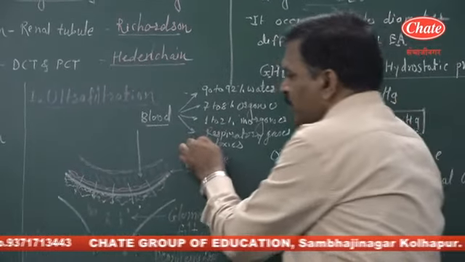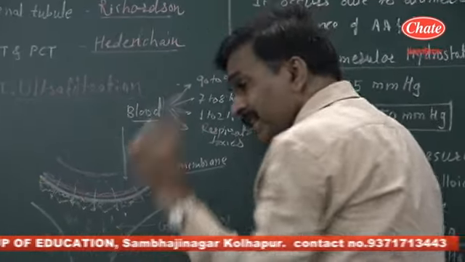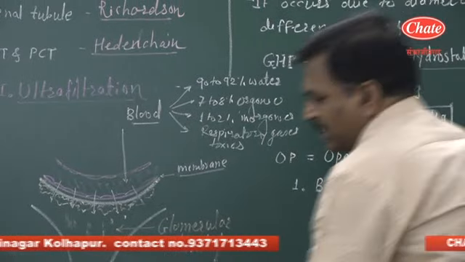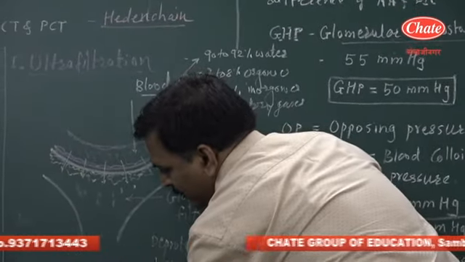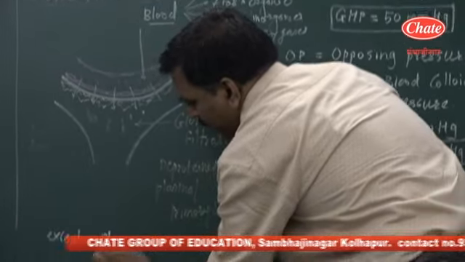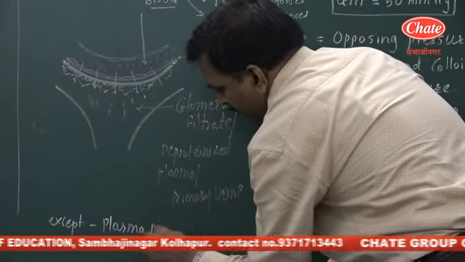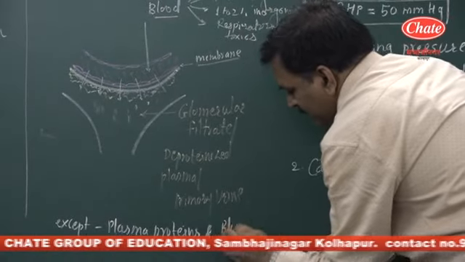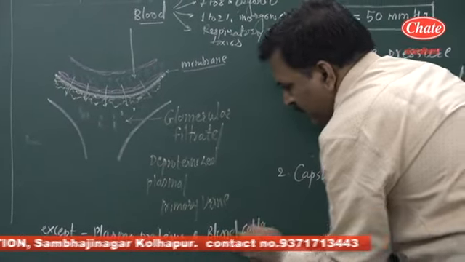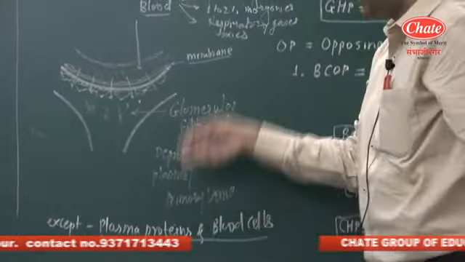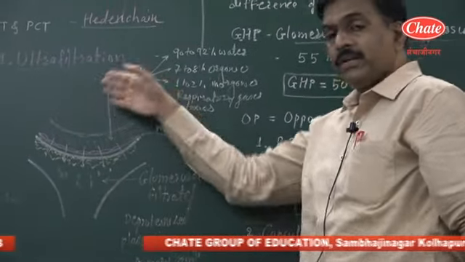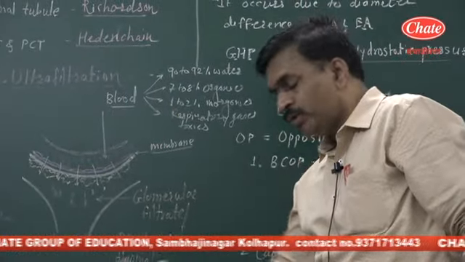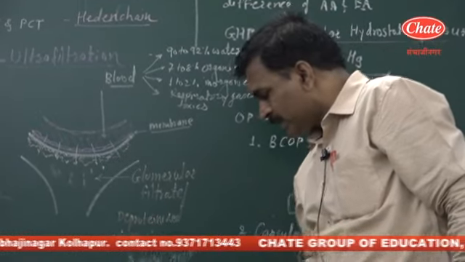So all these components of blood get filtered out except, most importantly, plasma proteins and blood cells.